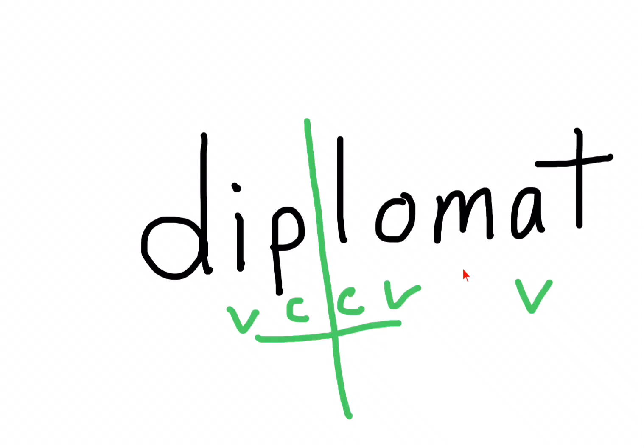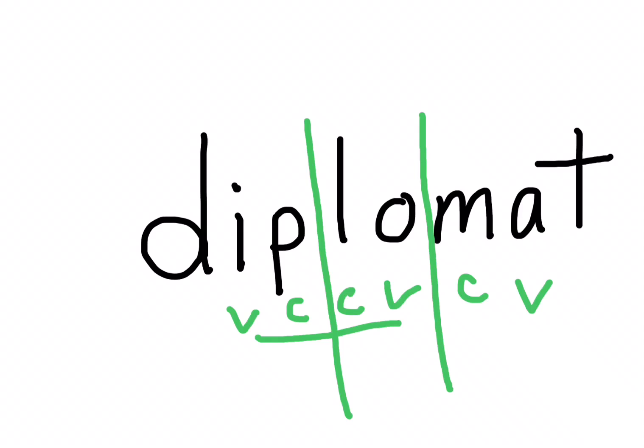Well, we have an M, but no other consonants, so we're going to label that as a C. And now we have our second pattern that we learned, vowel, consonant, vowel. And the rule is we're going to try to break it up before the consonant. And if that doesn't sound right, then we'll break it up after the consonant. So let's try it here, before the consonant.